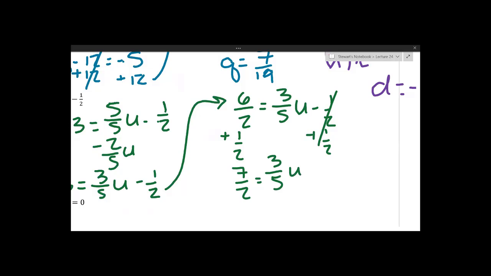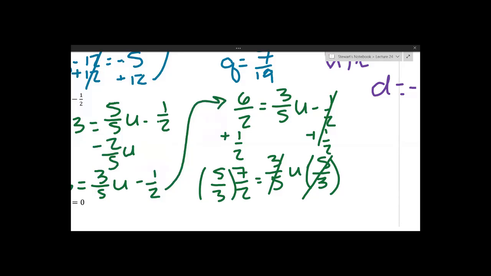times u. Well, like I said in previous videos, when you have a fraction being multiplied to a variable, to get rid of that fraction, we can multiply by its reciprocal, which is just the denominator over the numerator. It's essentially the reverse of that fraction. So if we multiply these two, they'd be equal to 1. And then we also have to multiply by the reciprocal on the other side.